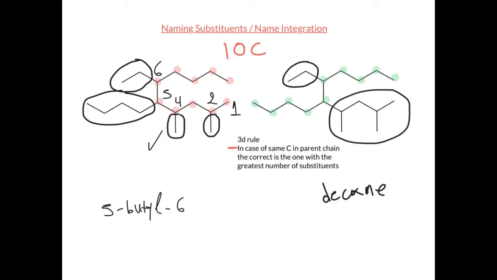Then we go to ethyl, which is number 6, and then we go to the two methyl groups, which are position number 2 and 4, and because we have two methyl, I'm going to write dimethyl, and of course the name of the parent chain, which is decane.